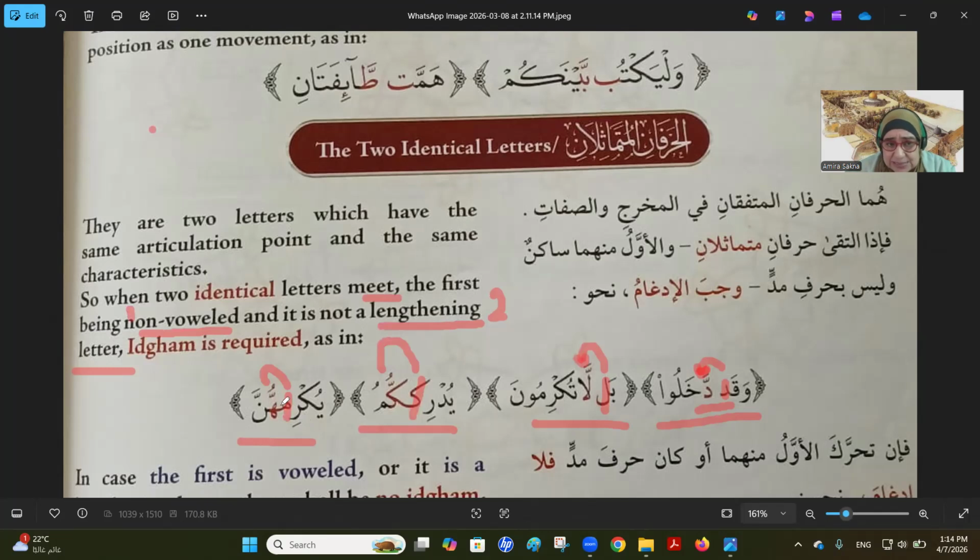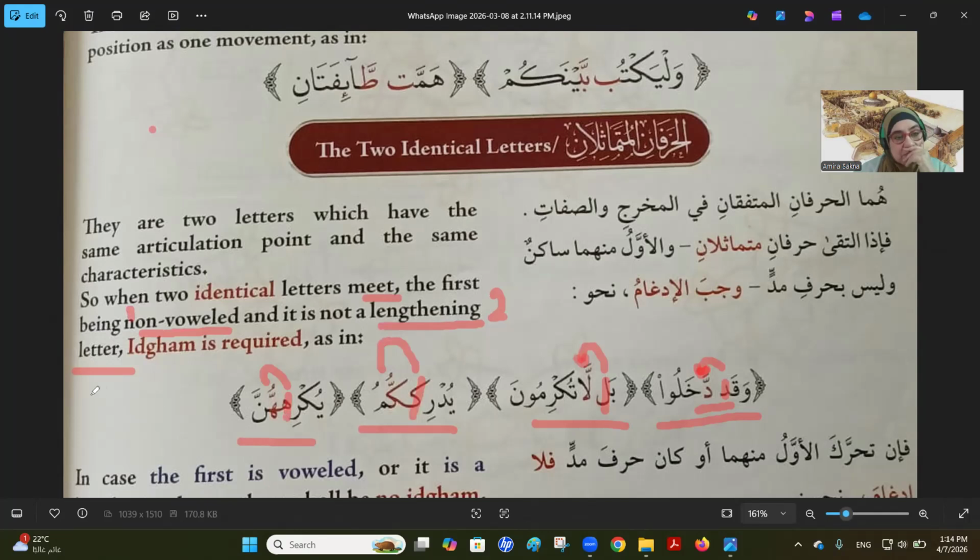The first ha, it's rakhw, loose. It's a complete flow of sound, running. The sound is running. Just give it its time.